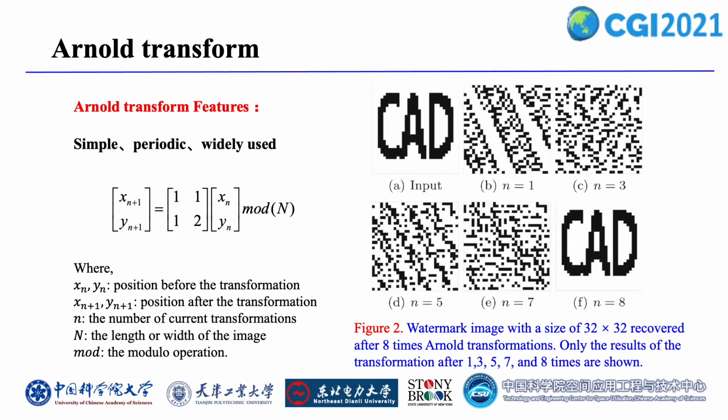The Arnold transform algorithm is simple, periodic, and will get the original image again when it iterates to a certain step, which is widely used in image scrambling. Figure 2 shows the watermark image and the result after Arnold transform respectively. After 8 transformations, it can return to the original state.